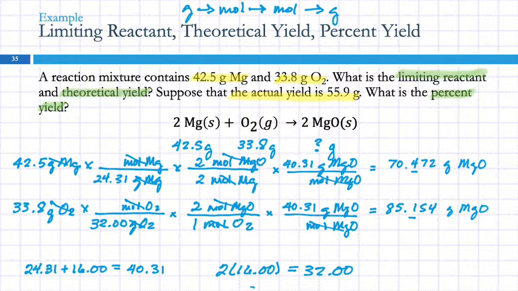So I have 2 answers. Which is the answer to what is the theoretical yield? The smallest one. So this is the smallest one. That means when we make 70.472 grams of this product, the reaction is going to stop because we've run out of what?